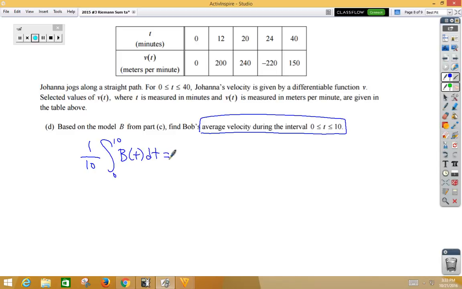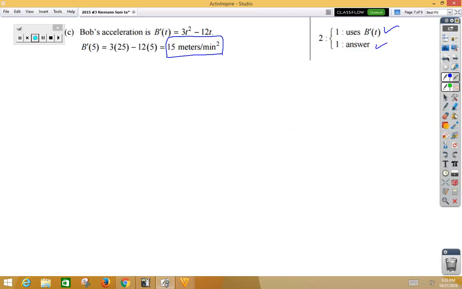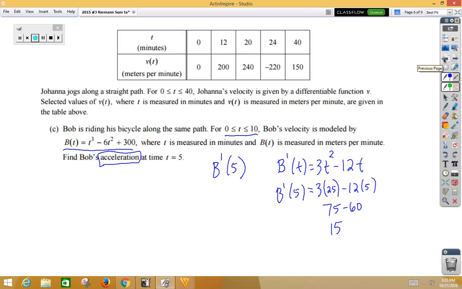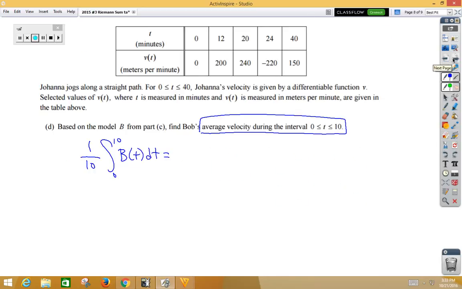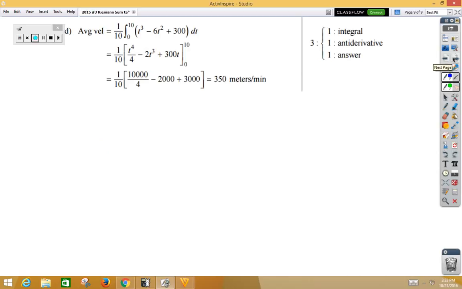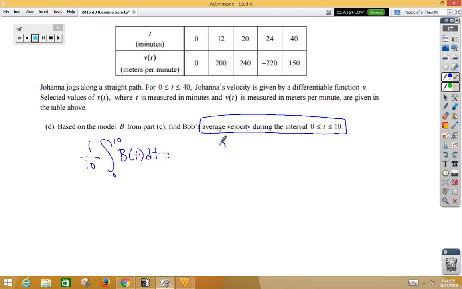Now, the function that they gave us, if we look back, was t cubed minus 6t squared plus 300 dt. So we would use the power rule.